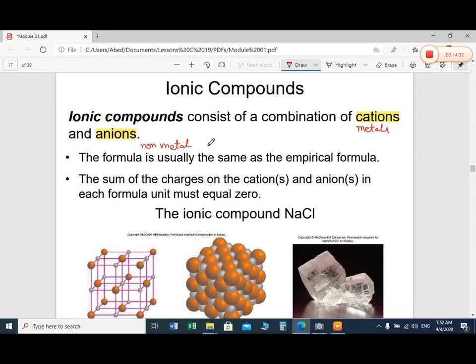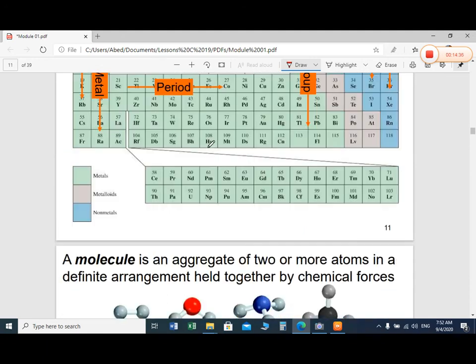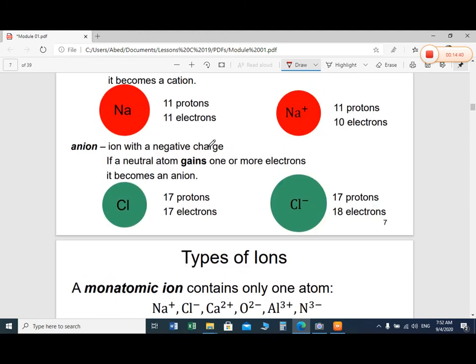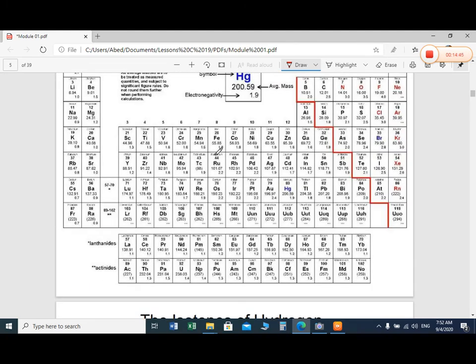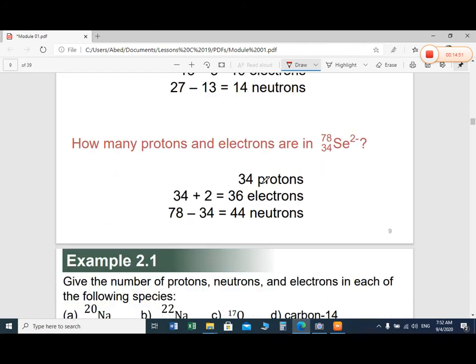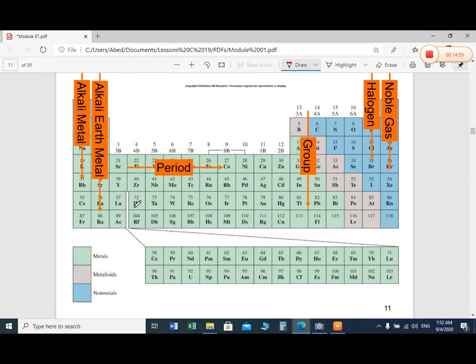So let me show you once more. This is the metal and non-metal to make it clear. In this periodic table, on the left side these are called metals, on the right side these are called non-metals, and by color, if you see the colored periodic table, this light green color is called metal, and the light blue color is called non-metals.